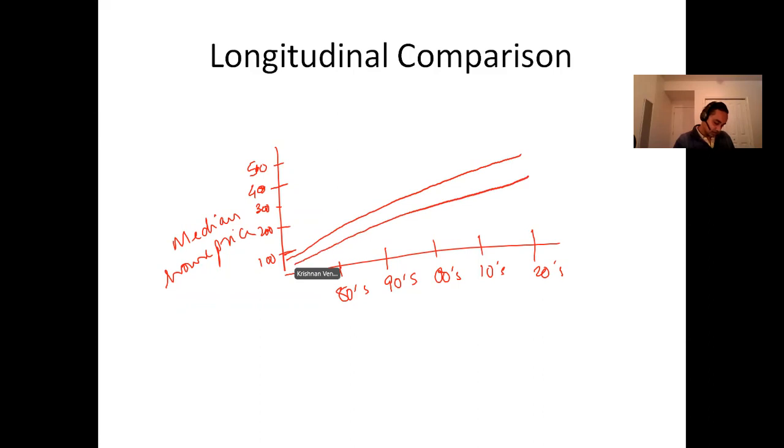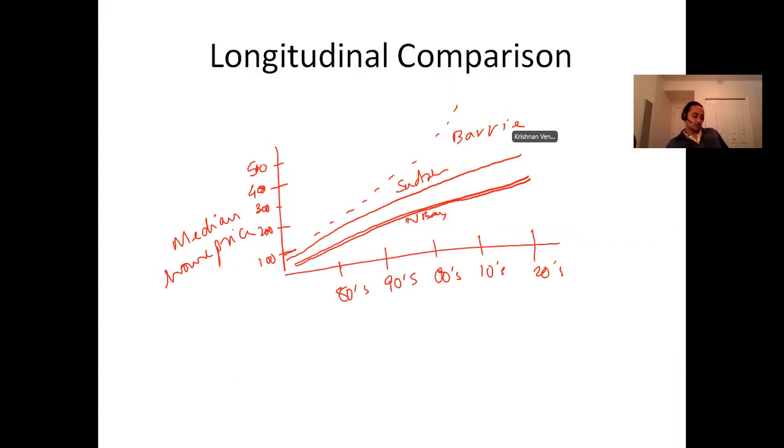We should make this a double line so there's a distinction between the two. So this is North Bay. This is Sudbury. And then you might have Barrie go up quite exponentially later, and so on.